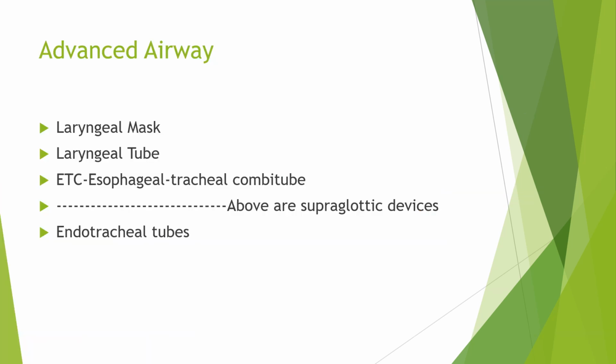For those patients where we have opened the airway and inserted the accessory airway, but the patient is still in respiratory distress with not much improvement, we should consider establishing an advanced airway, including the laryngeal mask, laryngeal tube, esophageal tracheal combi tube, and endotracheal tube.